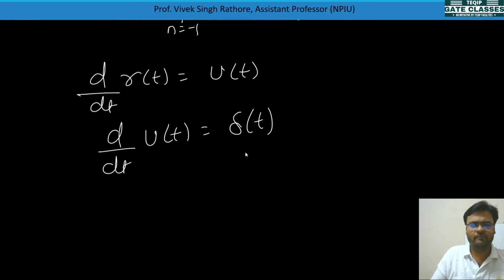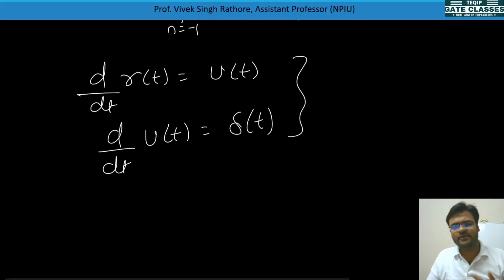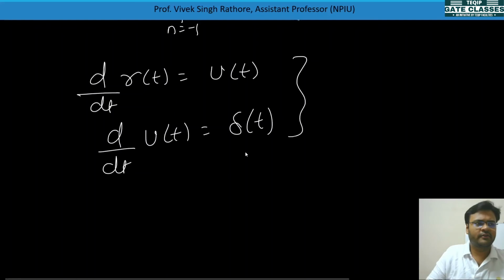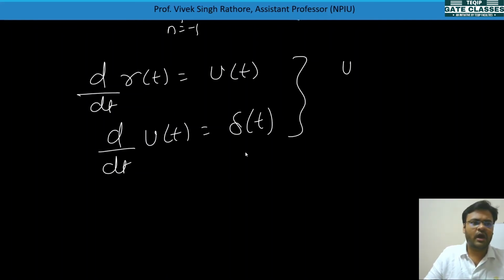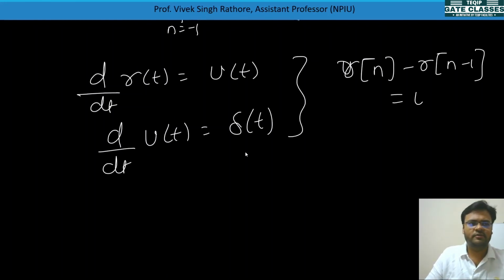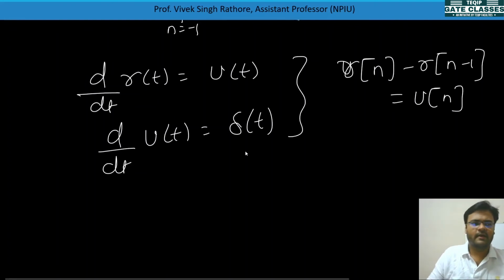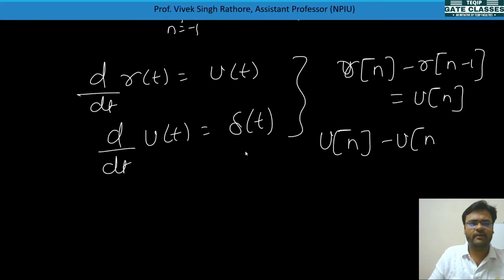You remember this from the last lecture. In discrete time, instead of d by dt, r of n minus r of n minus 1 gives u of n, and u of n minus u of n minus 1 gives delta of n.